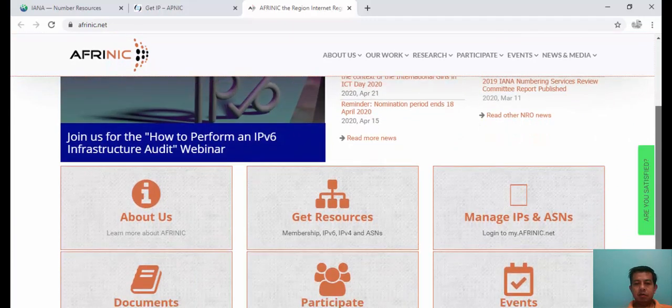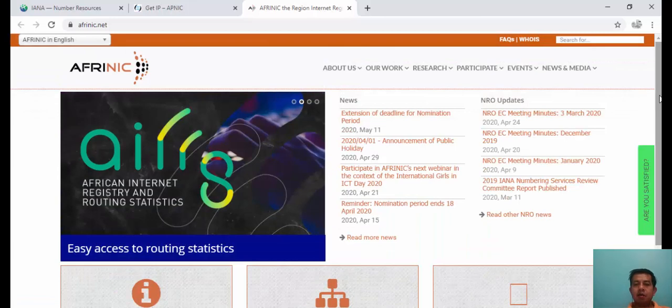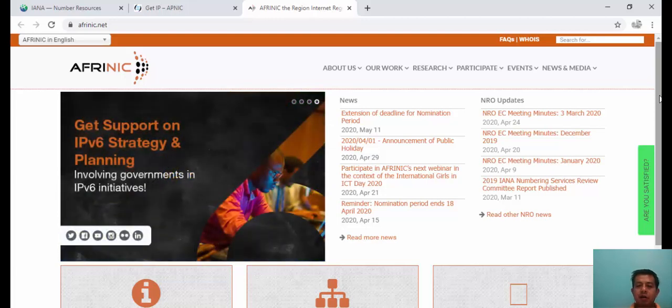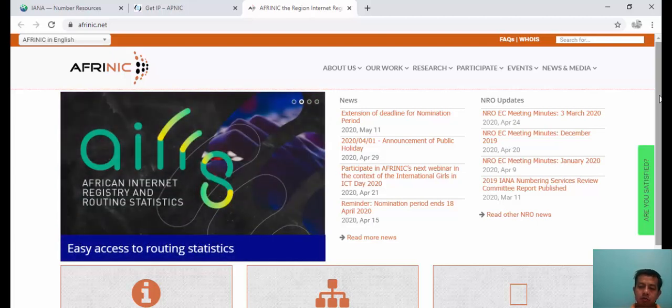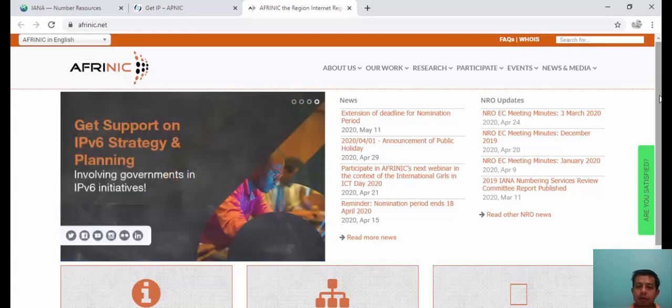Now, you might have been hearing something which says that IPv4 addresses are about to be over. That means within a few years from now, no more IPv4 addresses would be available.